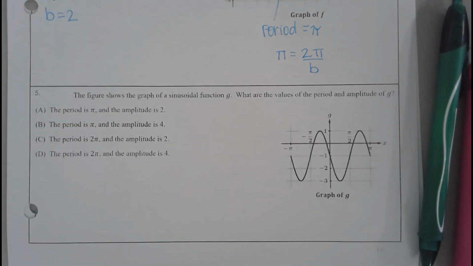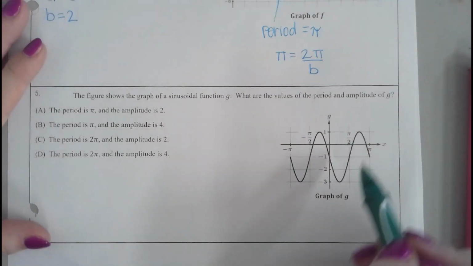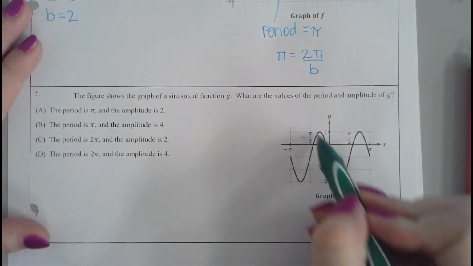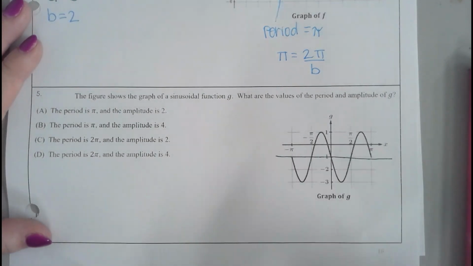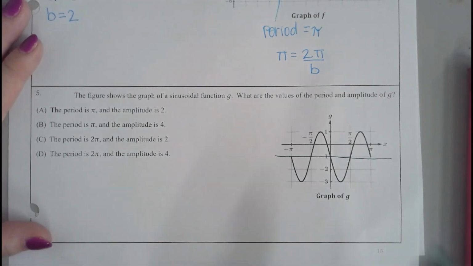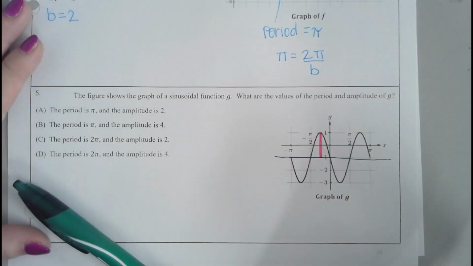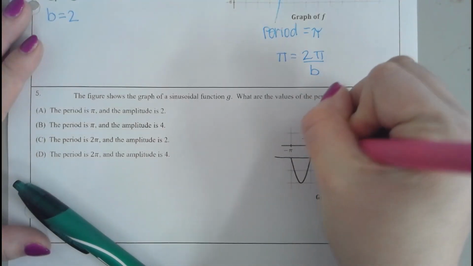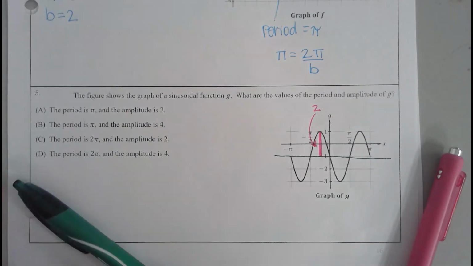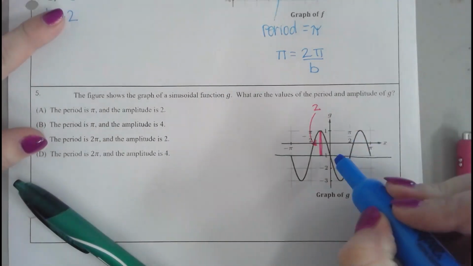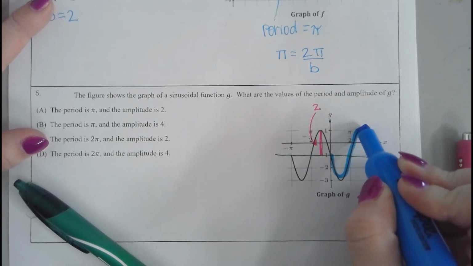So if we start with the midline, it's going to be right here at -1. And so my amplitude is 2. The period, if I start here at the y-axis, I'm going down and then up and then back down.